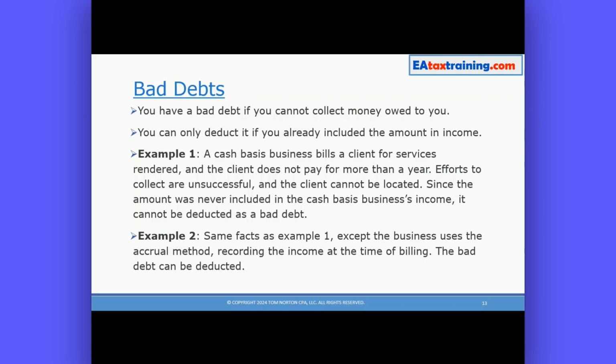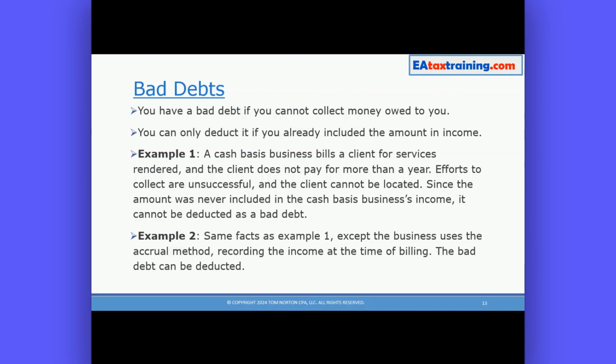Well, maybe you've got an argument, but the IRS doesn't buy it, and you cannot deduct that for tax purposes. Same concept here. Even though you put your time in, you didn't ever actually record any income from that, so you cannot deduct that.